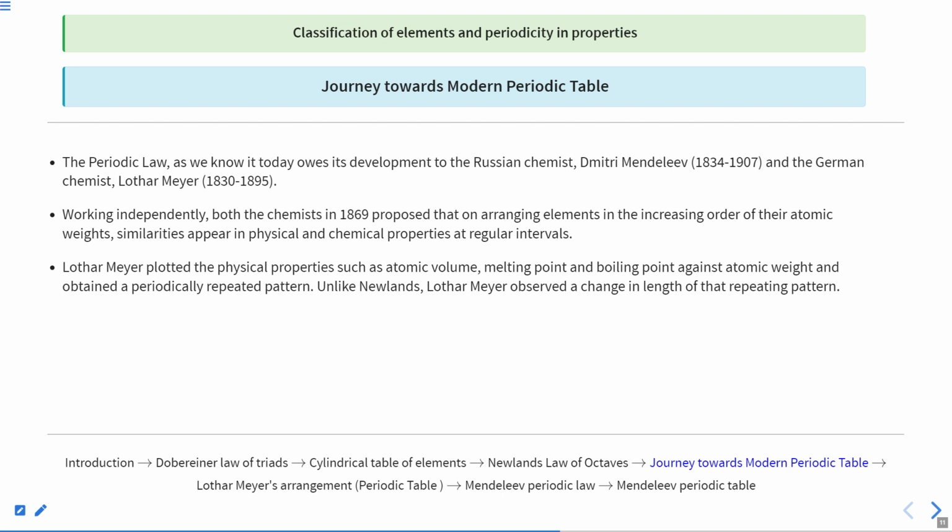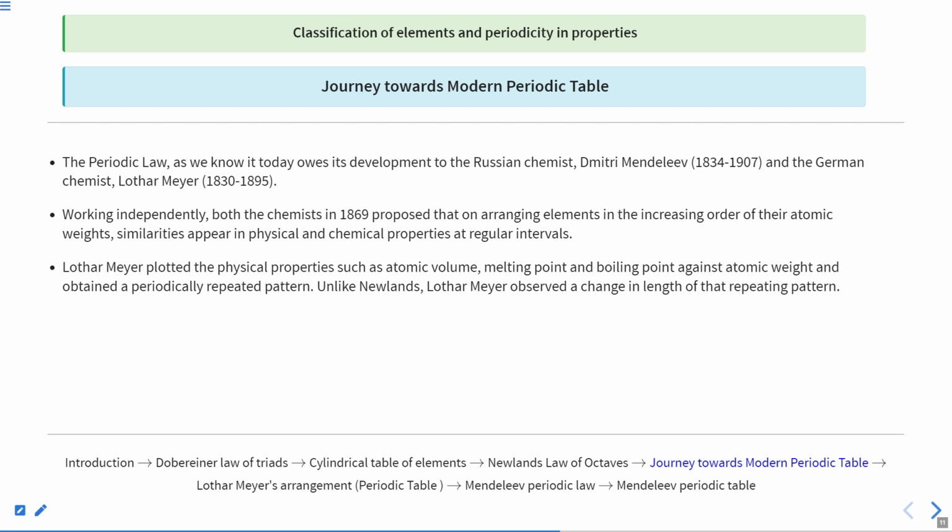Two scientists named Dmitry Mendeleev and Lothar Meyer: the construct of the modern periodic table goes to these two scientists. They both worked independently, means there is no relation between their work.